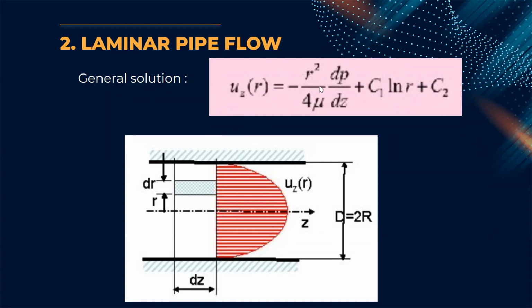And just for those who are not familiar with this, this is the equation of the velocity in the Z direction. So you see this is your Z direction, and this is the velocity expression in the Z direction for a laminar flow in a pipe. And you see that there are two constants of integration. So that means that we have to specify two boundary conditions.